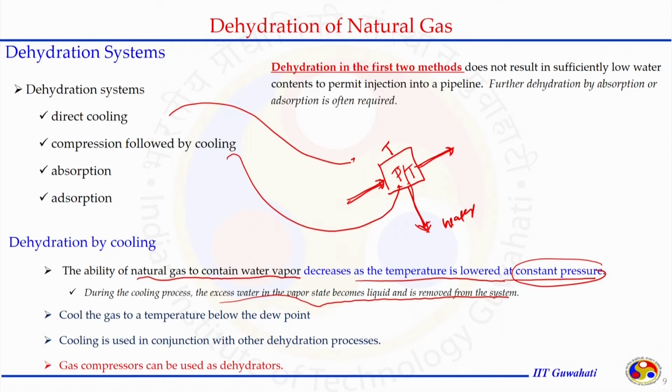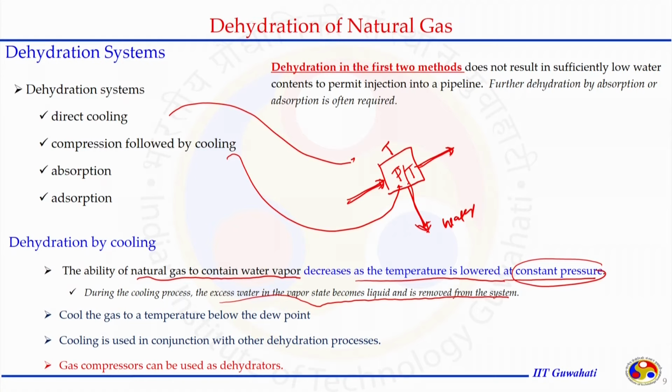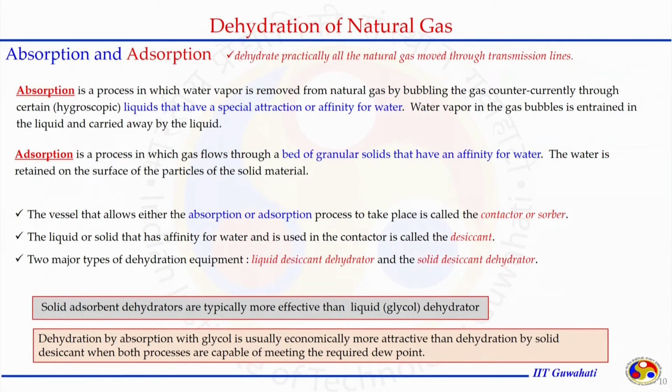In general, the dehydration processes of direct cooling and compression followed by cooling are not enough to remove the desired quantity of water from the natural gas, and along with these two processes, absorption and adsorption processes are often performed. So, what are the absorption and adsorption processes?